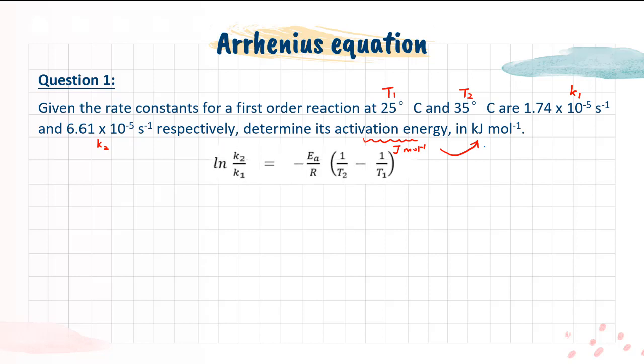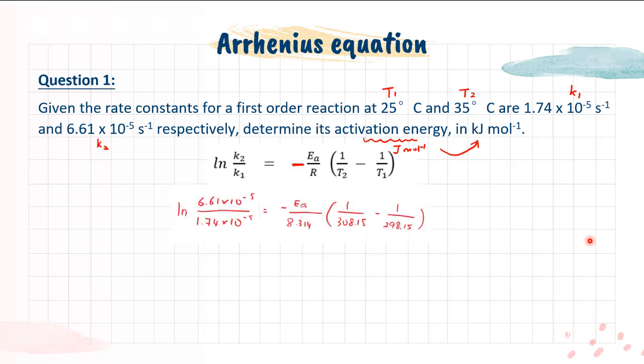So using the formula, ln K2 over K1 equals negative, be careful of this negative sign. After you do your substitution of T1, T2, K1, K2, and also the gas constant R, then do your simple calculations and you will eventually get your activation energy equals 101,950.67. From this equation, you will get the activation energy in joule per mole.